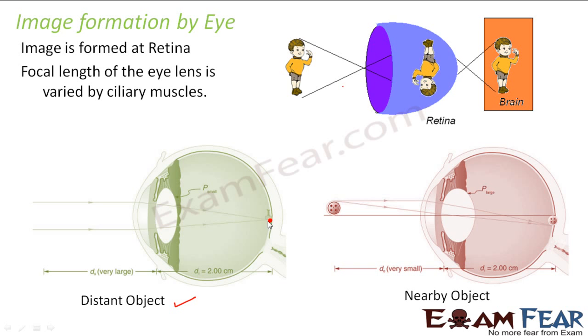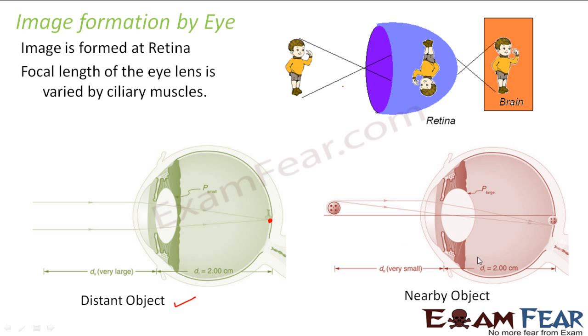So the ciliary muscles relax as much as possible, so that the focal length increases to its maximum value, and the maximum value is the retina. As a result, the image is formed on the retina.